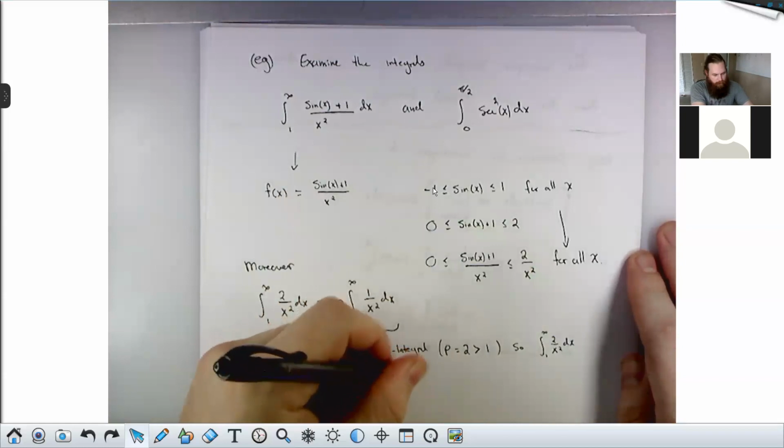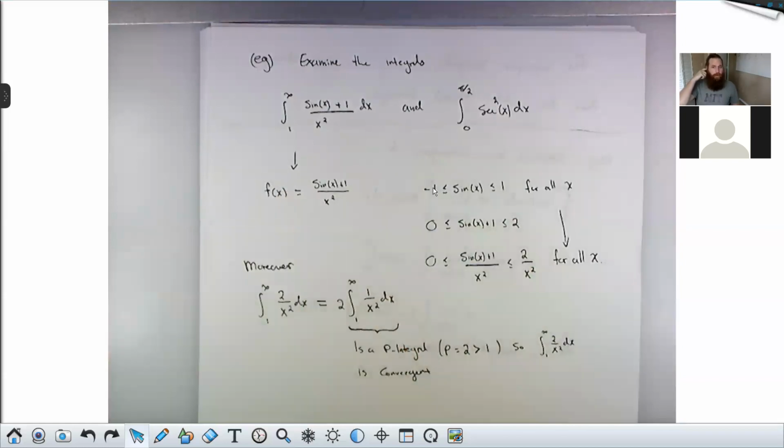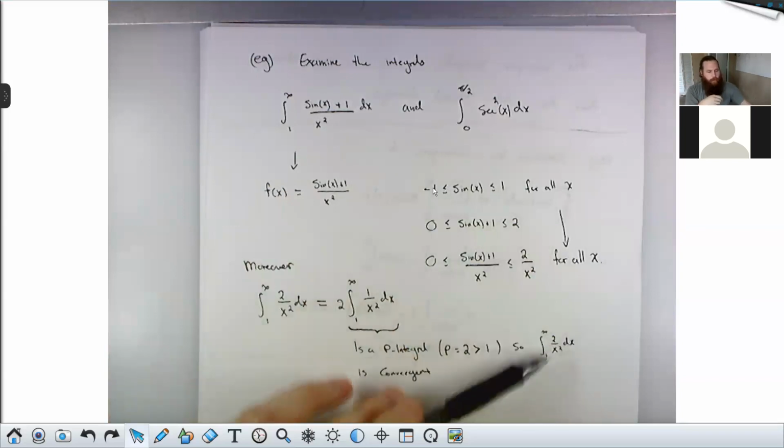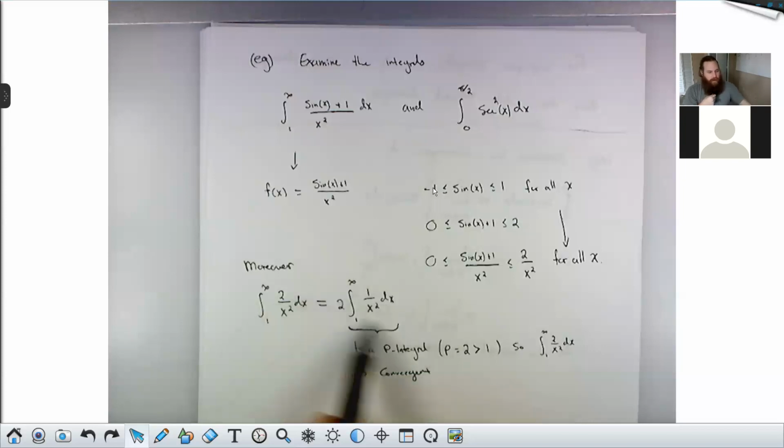And I want you to notice that I was very careful here. The integral of 2 over x squared from 1 to infinity is not a p integral, because of the 2. The integral of 1 over x squared from 1 to infinity is a p integral. Because this one is a convergent p integral, the one with the 2 inside, which we know is just 2 times that, must also converge.